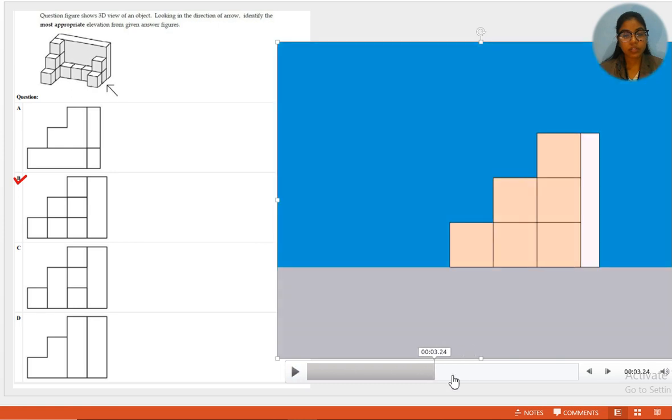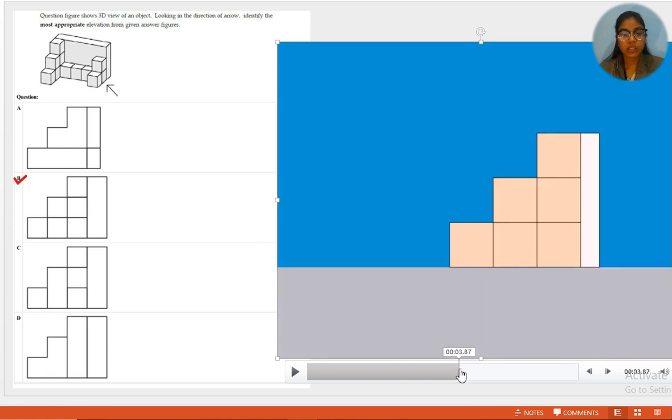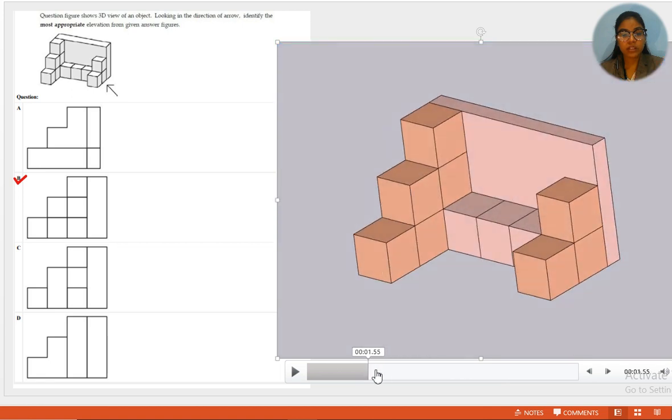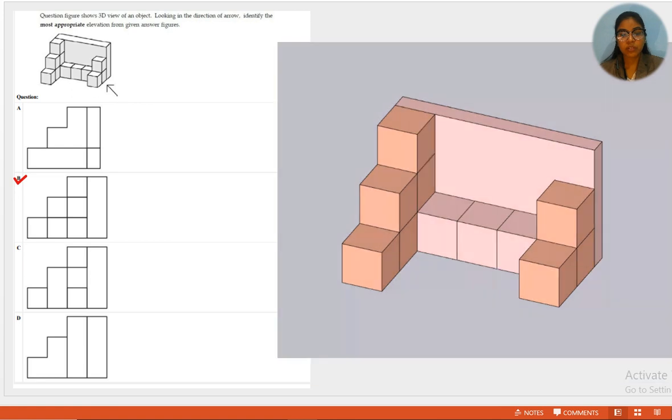See, as I was saying to you, these are all individual cubes, and when you look at its elevation, you will get to see these lines in this manner. So option B is your correct answer.